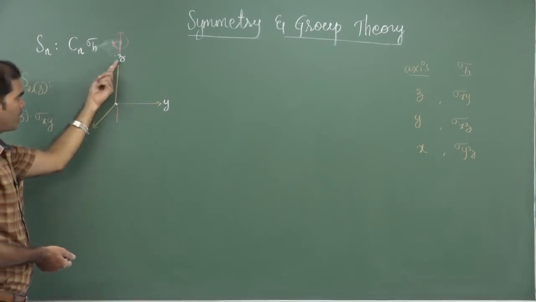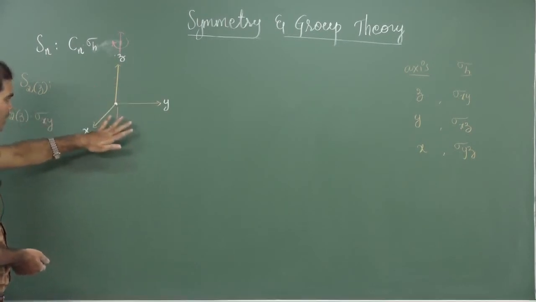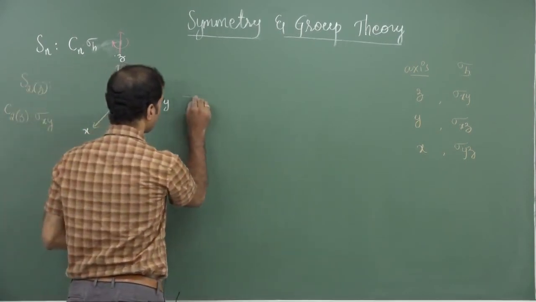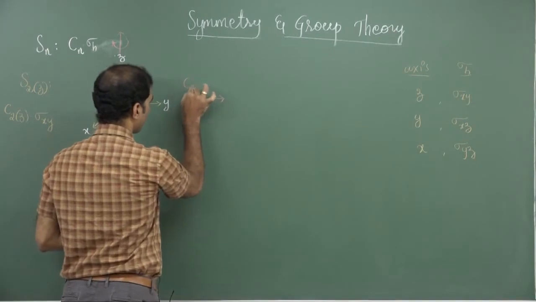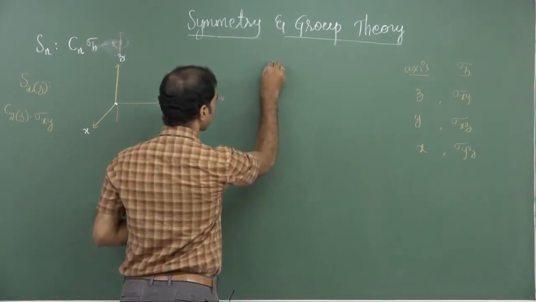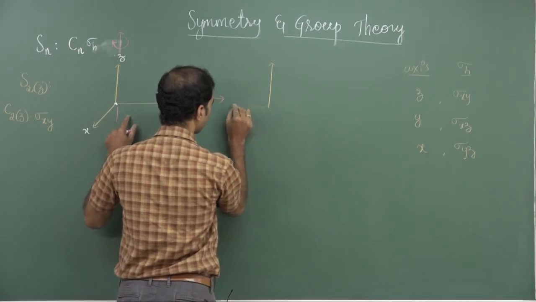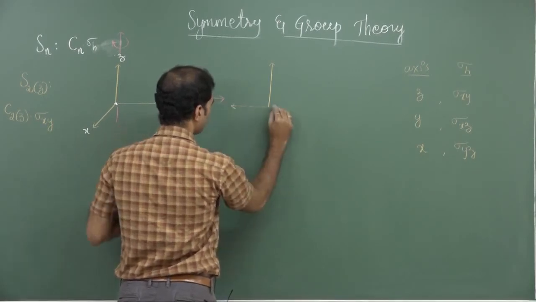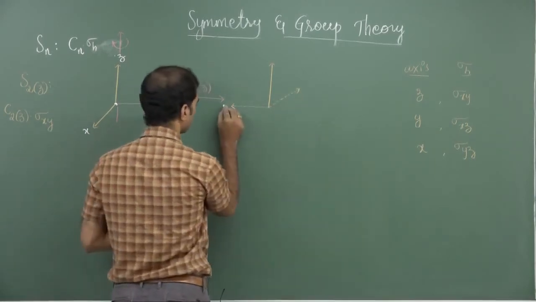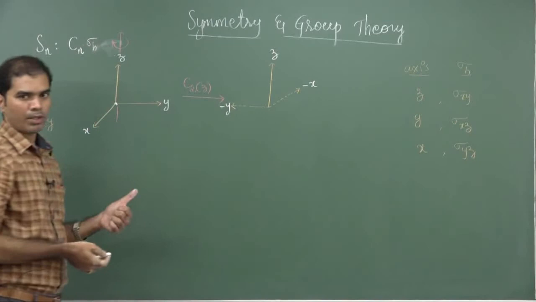Now this particular rotation is followed by a plane perpendicular to this rotation. I will show it in one particular diagram; for each and everything we need not draw. If you can understand one, this is by performing C2 along z. When I perform C2 along z, z will be intact. This is y, and this is x. This is only half an operation.